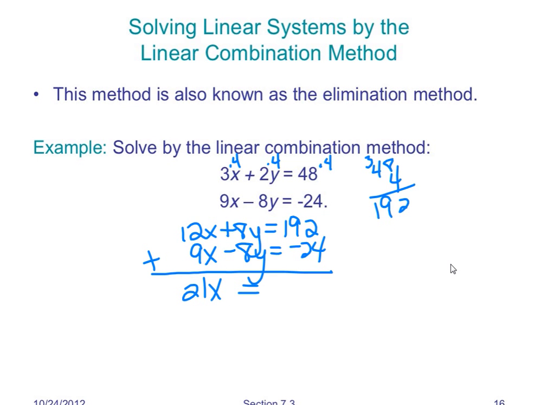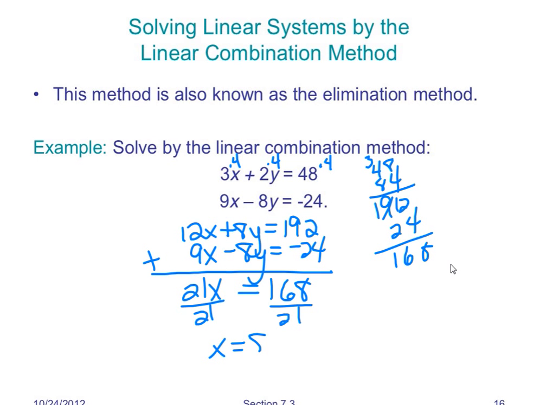And I add my 192 plus a negative 24, and again, not something I can do in my head. I get 168. Divide by 21. And you get x equals 8.